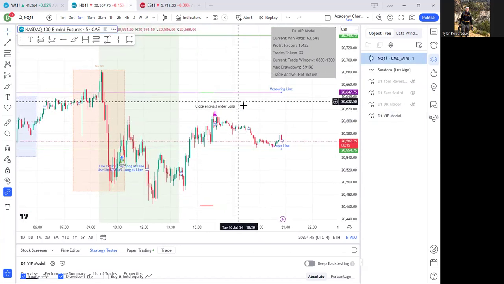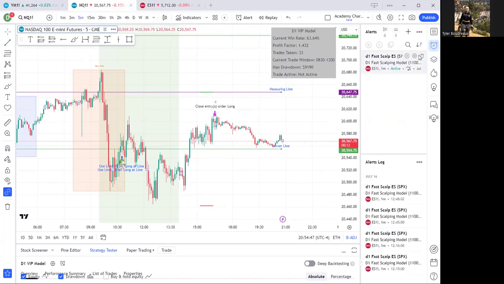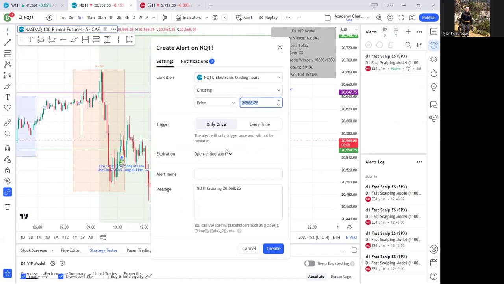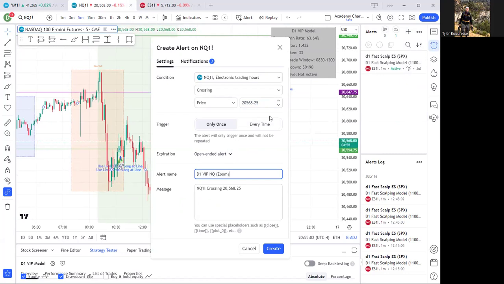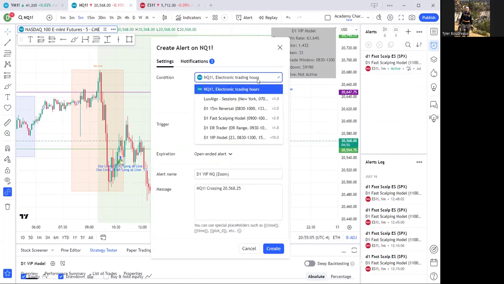For example, you could set an alert right here. All you do is create alert. You can put a name on it. We'll just call this one the D1 VIP NQ on the Zoom. Then we go to our D1 VIP model, and it has the current settings that were on it, so you can see 830 to 1300 right there.